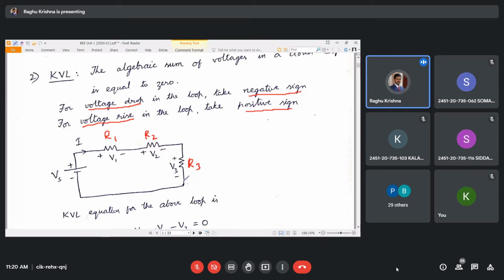When a current flows through a resistor R1, there will be a voltage drop according to Ohm's law. According to Ohm's law, you know that V equals IR.